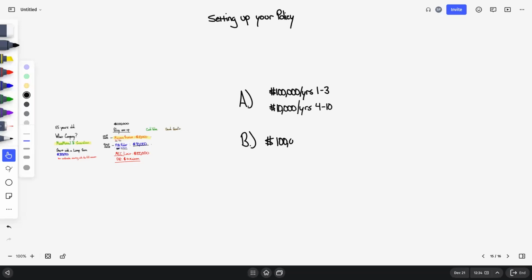She gets $100K per year in for 3 years, and then nothing thereafter. She's unable to continue to fund 10K. And then what does it look like? Option C, she gets 100 in year 1. She knows she can do that right now, no problem. But then year 2, she only gets 50 in.